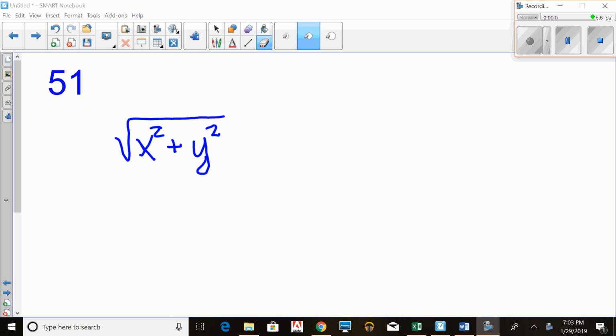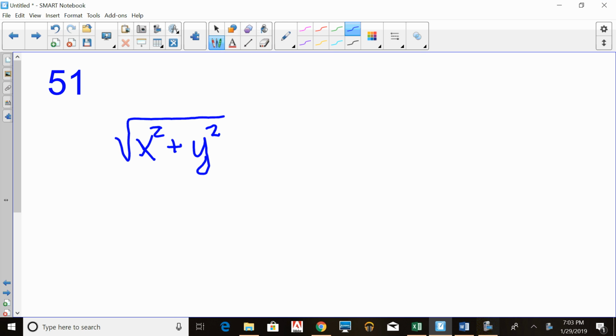All right, so for section 1-2, here are some of the questions that people had over some problems. Starting with 51 here, where you had to write this without a radical symbol. So it says the square root of x squared plus y squared.